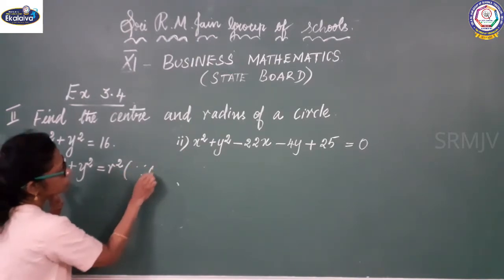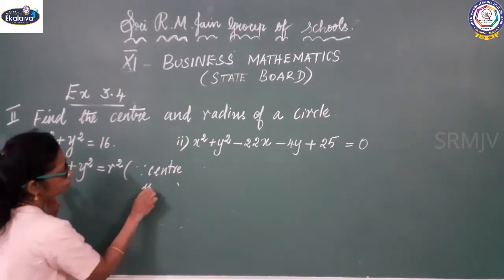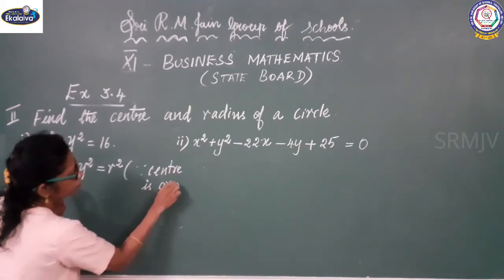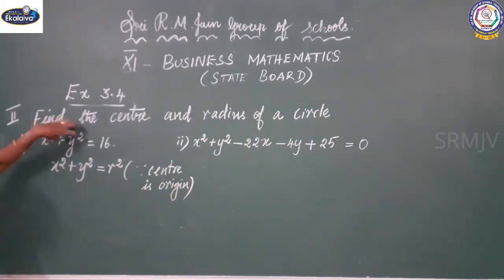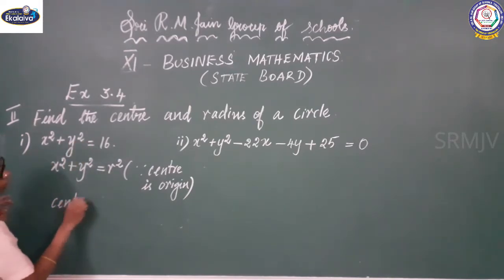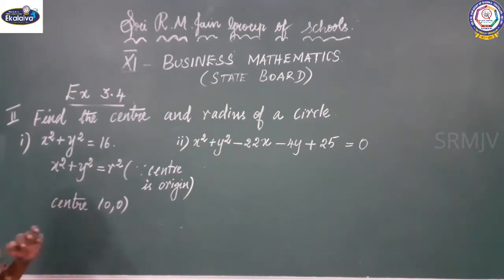Since the center is the origin, when you relate the given to the general, what is your center? Easily you can say center is 0, 0. What is the radius? Radius equal to 4.